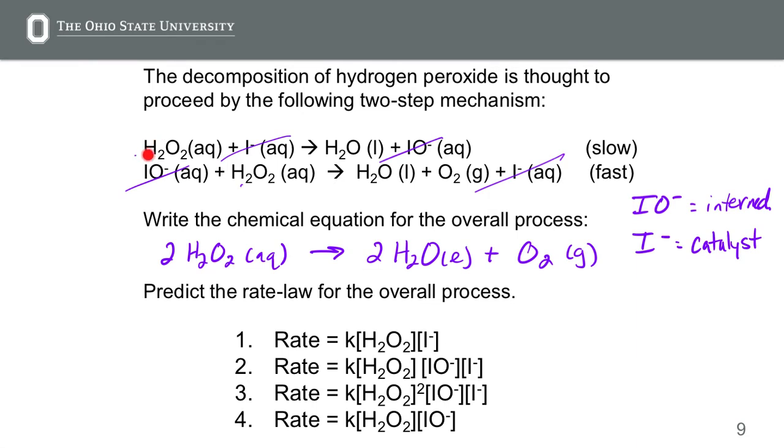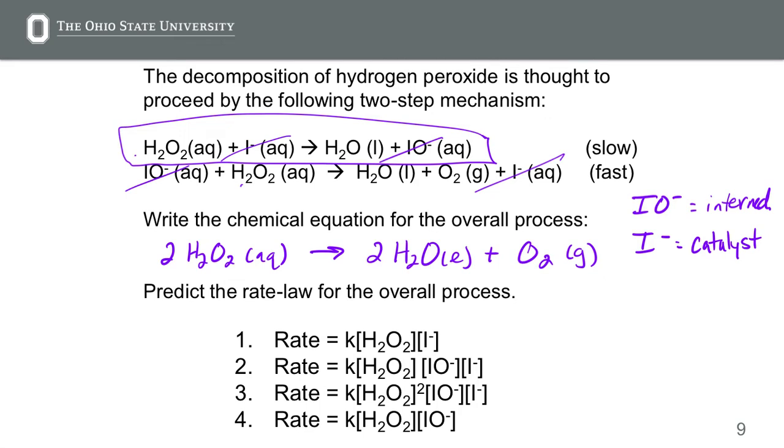We know that this first reaction is slow and the second one is fast. For mechanisms where the first step is the slow step, we can determine the rate law from that slow step. So in this case, we're going to look at this first slow step, which is an elementary reaction, and from that, write the rate law.